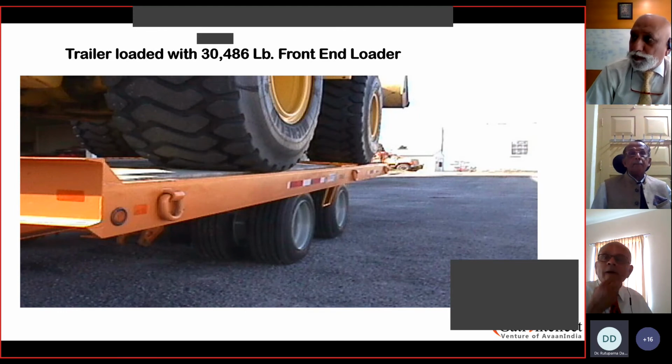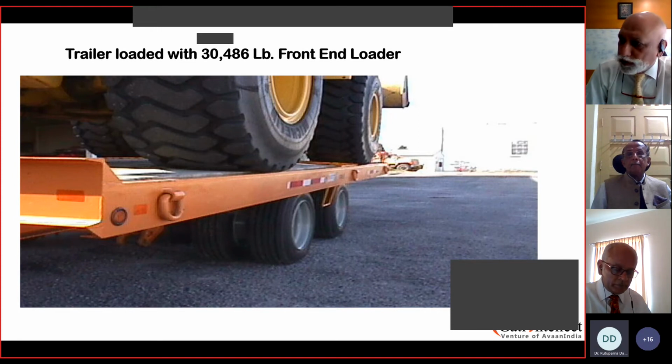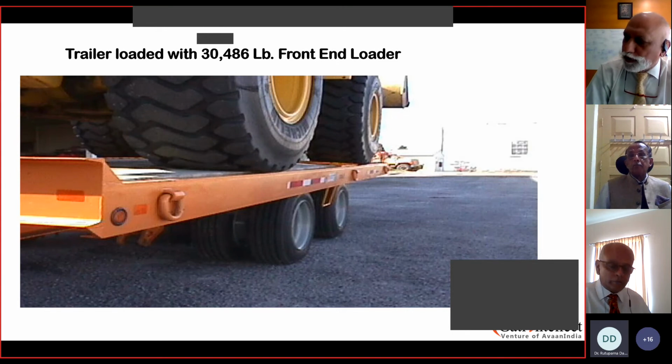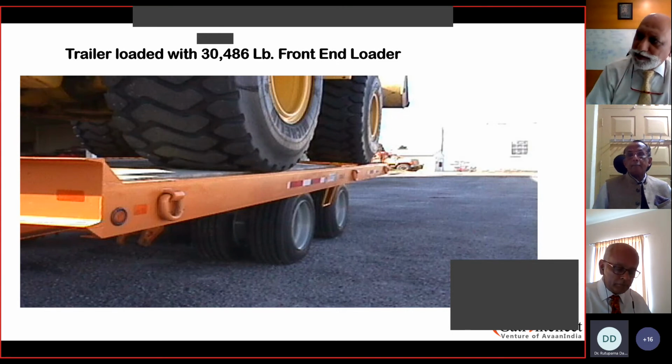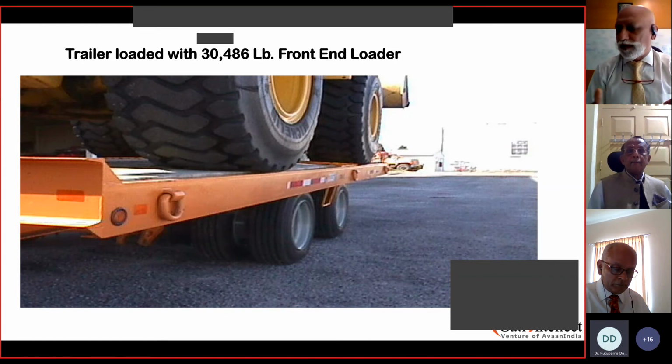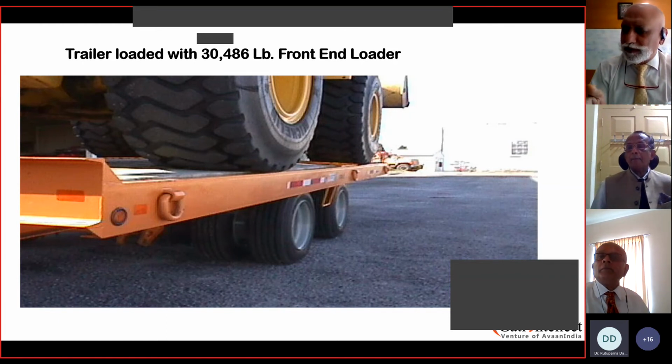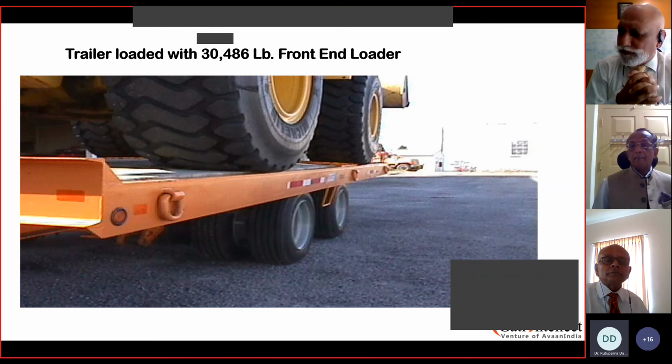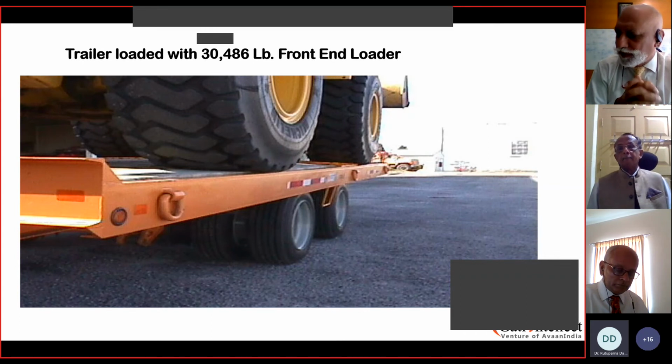Now, this slide shows that the trailer is loaded with 30,486 pounds of product onto the trailer. Now, it is a 16-ton trailer, and when it says 16-ton trailer, it is not defining whether the total carrying capacity of the trailer is 16 ton, which includes the weight of the trailer itself. That is the gross laden weight.